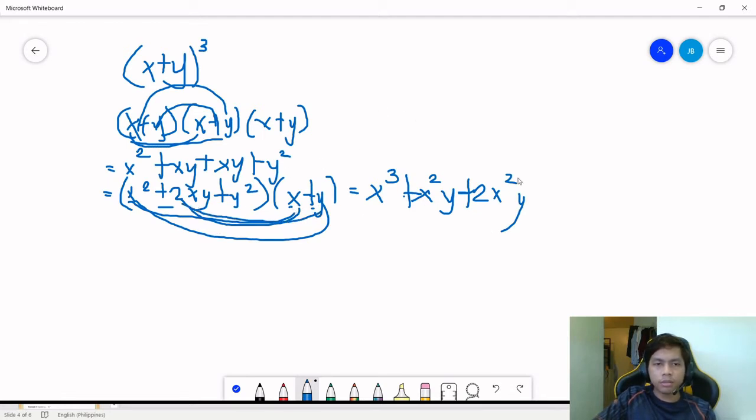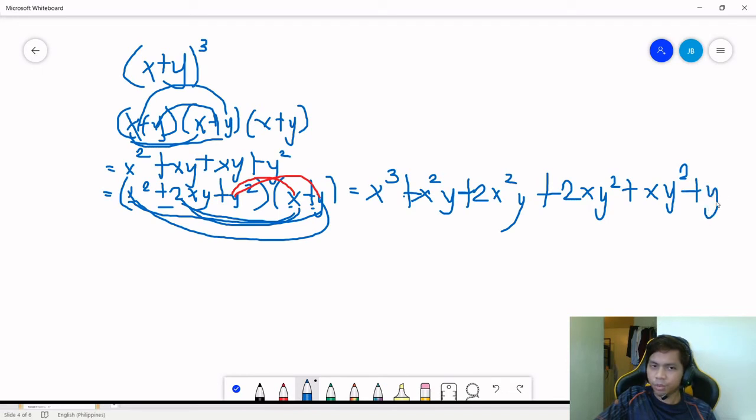Then this, plus 2xy squared, because 2xy times y is 2xy squared. Then this, that is xy squared. Then the last one is y cubed, since y squared times y is y cubed.